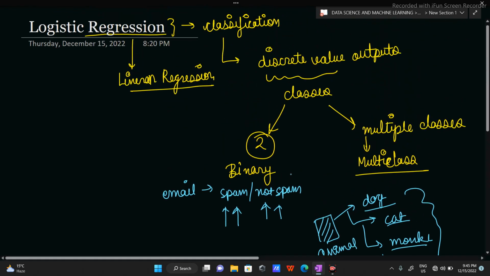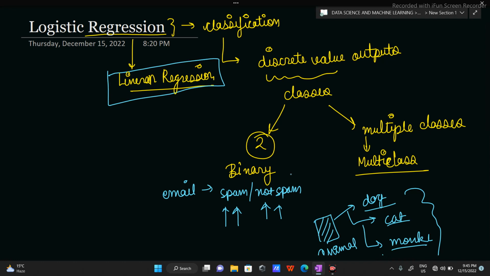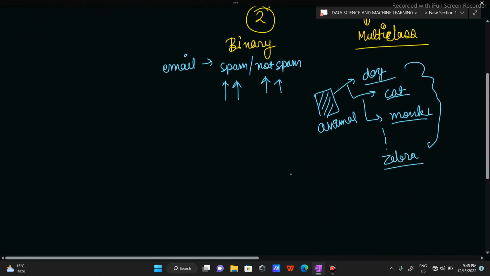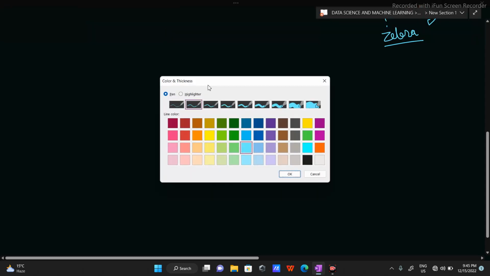So let's talk about how it is going to use linear regression, because it is very important to understand the maths behind it. In linear regression, we were getting a line y hat equal to mx plus c, but logistic regression is a bit different because we have only two classes. We are talking about binary classification. So let's take the example of cancer prediction.